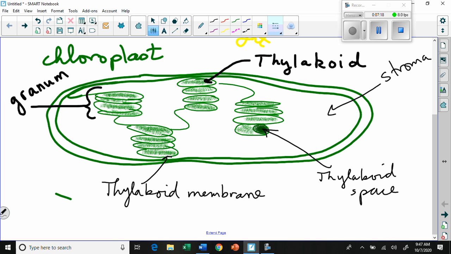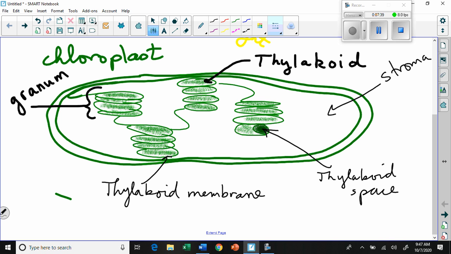So the thylakoid membrane is the thing we're going to be talking about, and it's the membrane that surrounds these little pancakes. And it's the movement of things from the stroma into the thylakoid space, across the thylakoid membrane, and back again, that create the action for what we're talking about.